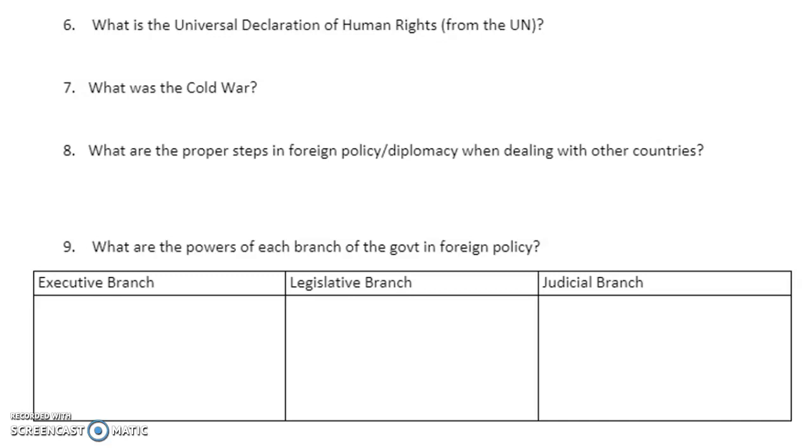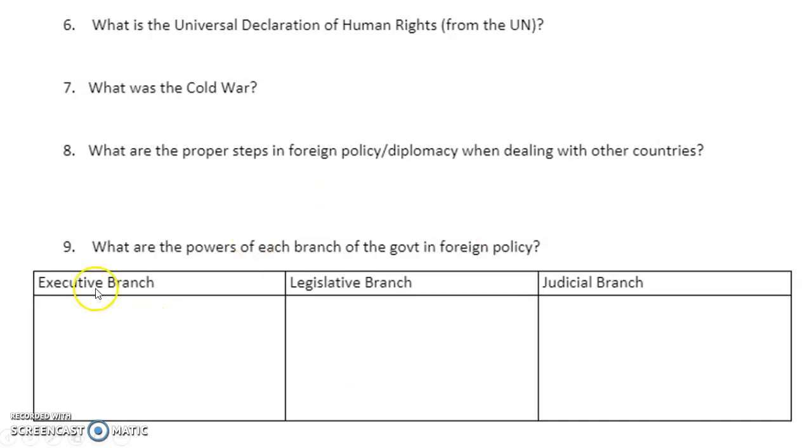And you might want to look back. I believe that was in one of your handouts that we dealt with this question. And then last but not least, what are the powers of each branch of government in foreign policy? So we know, and I'll go ahead and tell you that the force to be reckoned with in foreign policy is the executive branch.